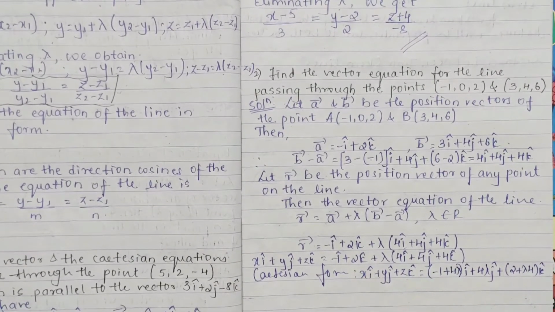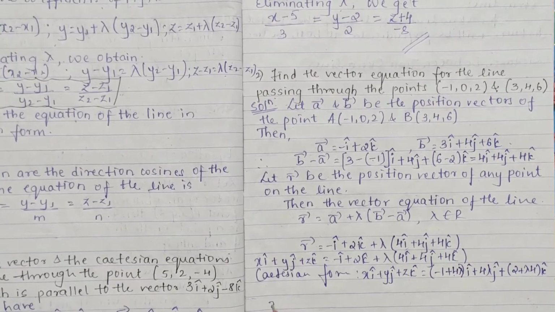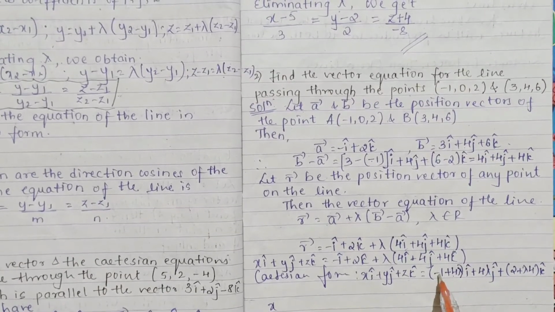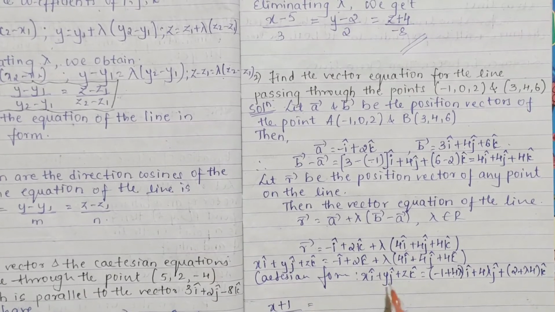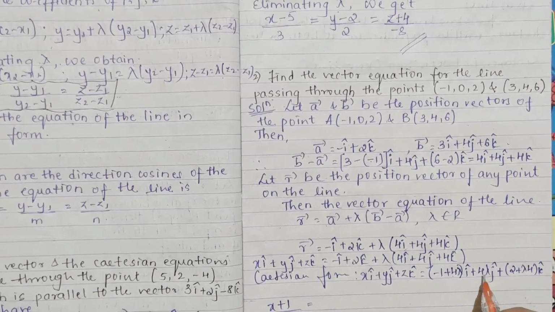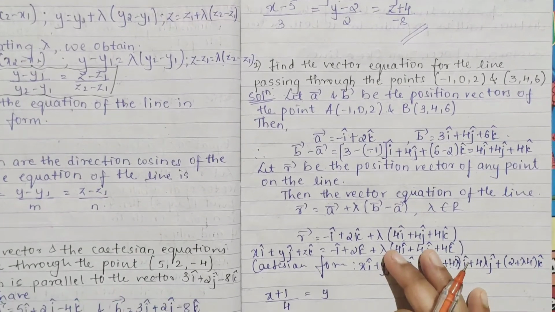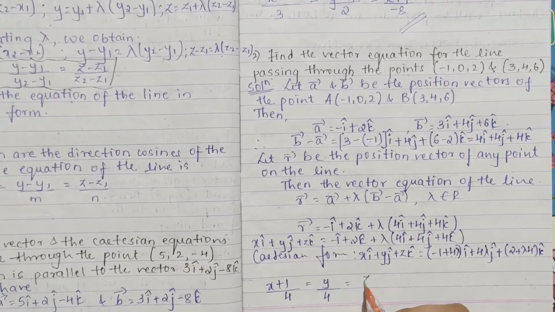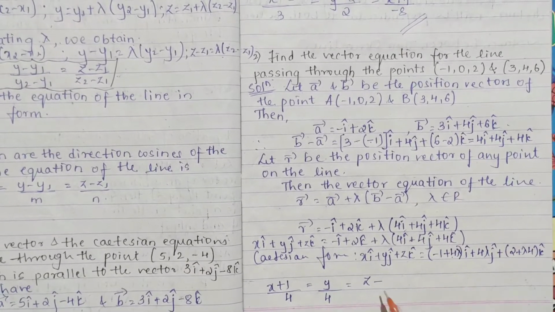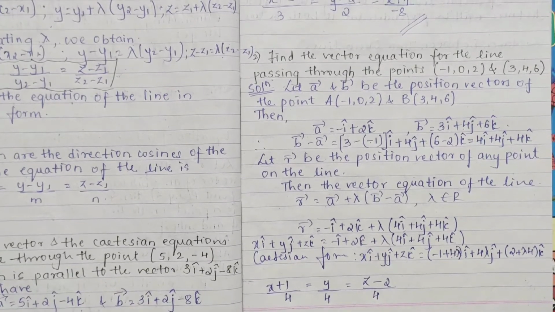Your x2 minus x1 means your vector b minus vector a, you are getting the same. So x minus x1, it is already minus, so this becomes x plus 1 divided by 4, then y minus y1, which is 0, so y divided by 4 is equal to z minus z1, z1 is 2, divided by 4, right.